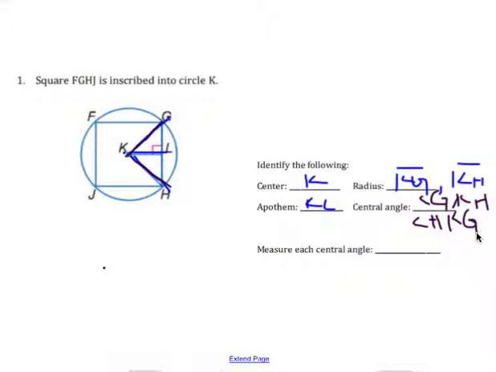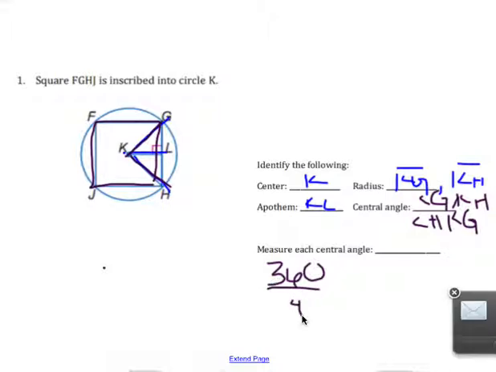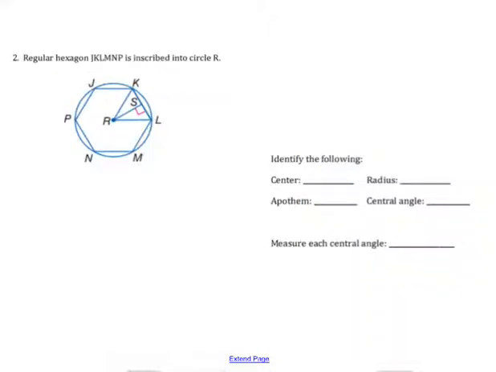Let's take a look at the measure of our central angle. We take 360 and divide it by how many sides we have, which is 1, 2, 3, 4. So 360 divided by 4 gives you 90 degrees.